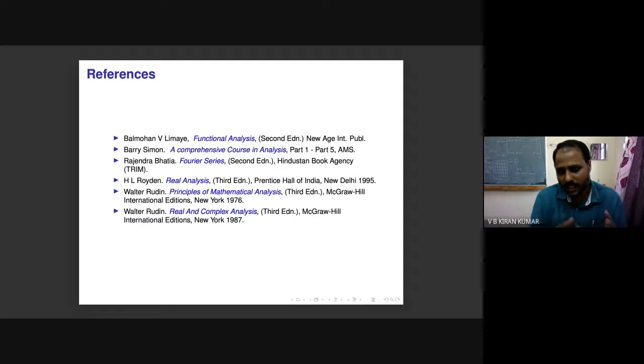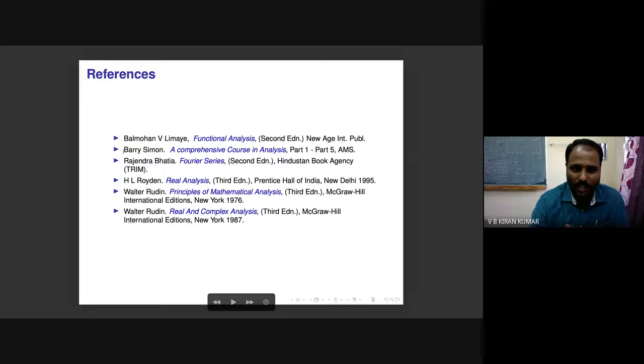Each part contains a lot of practical applications, problems, and historical developments. This is a very important series of classic textbooks which you should learn. And this is a very small textbook written by Rajendra Bhatia on Fourier series. It discusses a lot of enthusiastic stories.